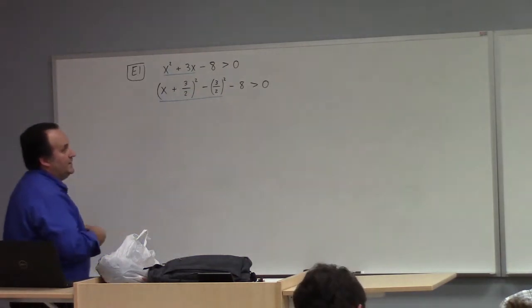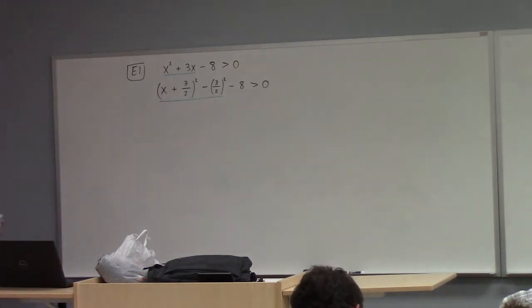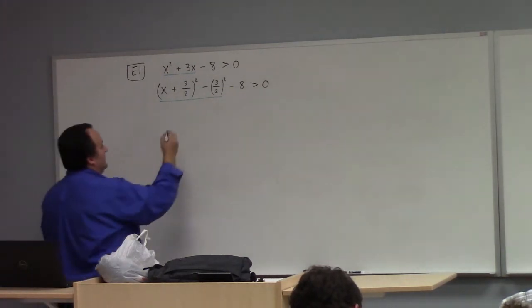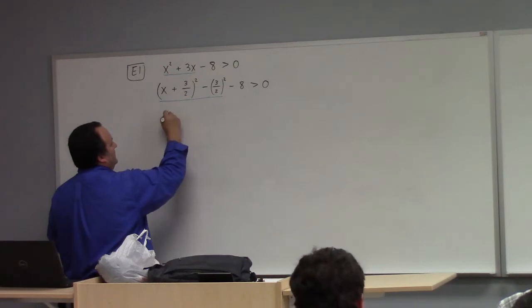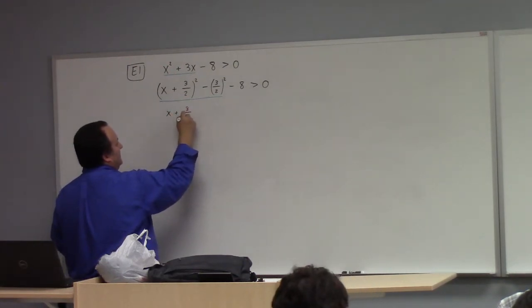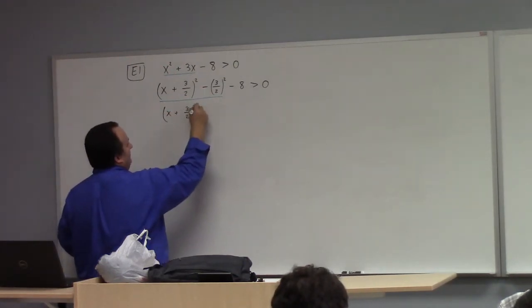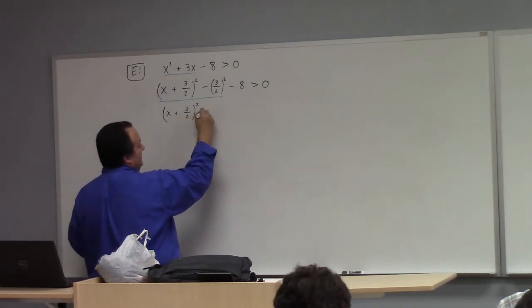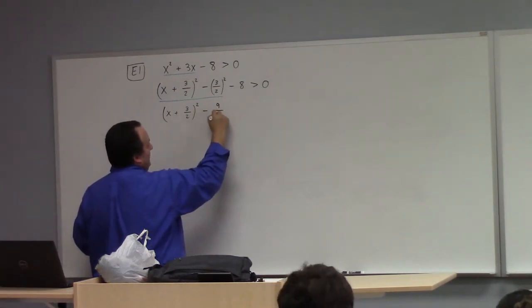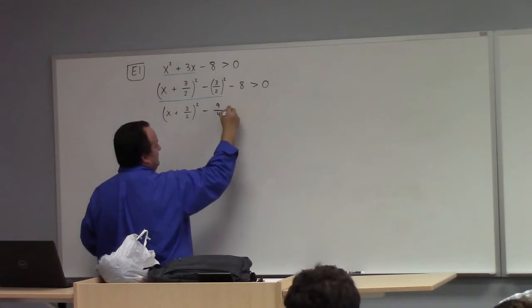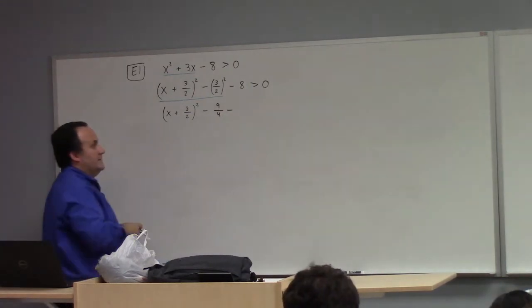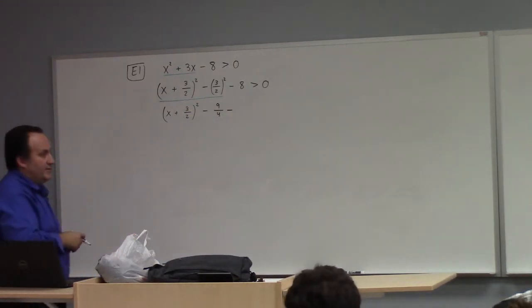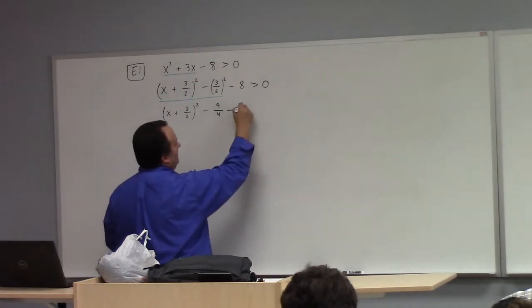Now here we've got x plus 3 halves squared, and then minus 9 over 4. How many fourths is 8? 32, right? 32 over 4.